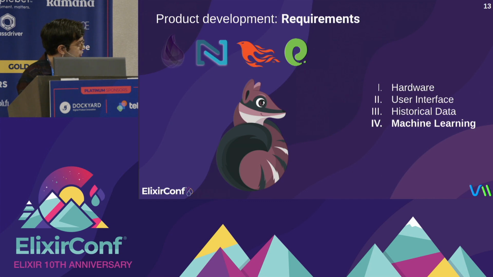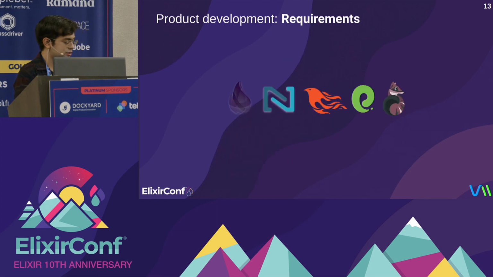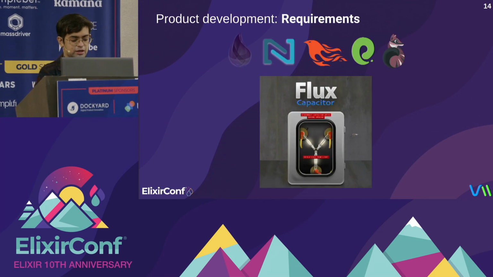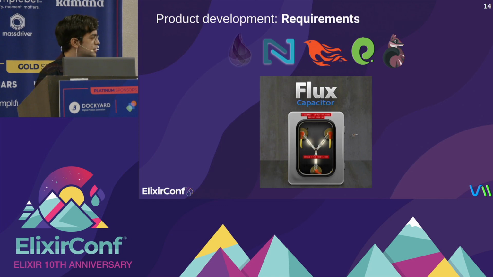And finally, but not least, we could use Nx and Axon to cover all the machine learning requirements. So, merging all these frameworks, we could get something really nice. We could have a flux capacitor, let's say, which will be a new device that we need to incorporate for our client.